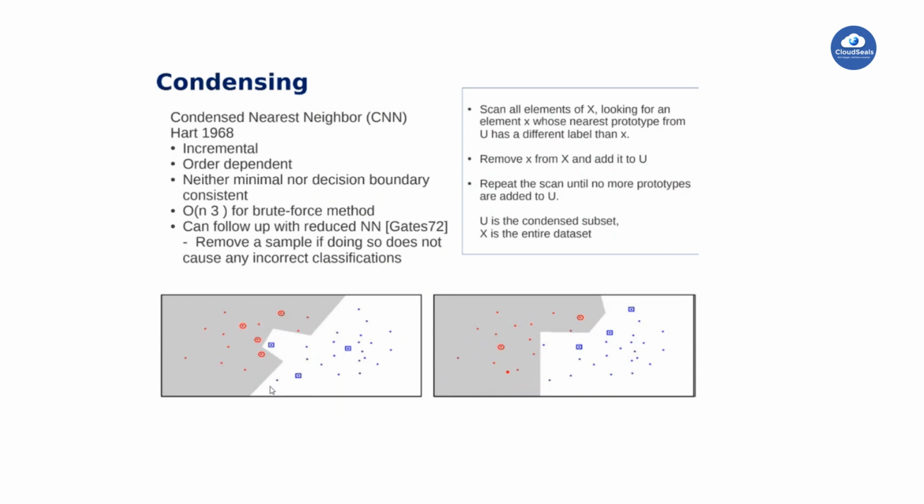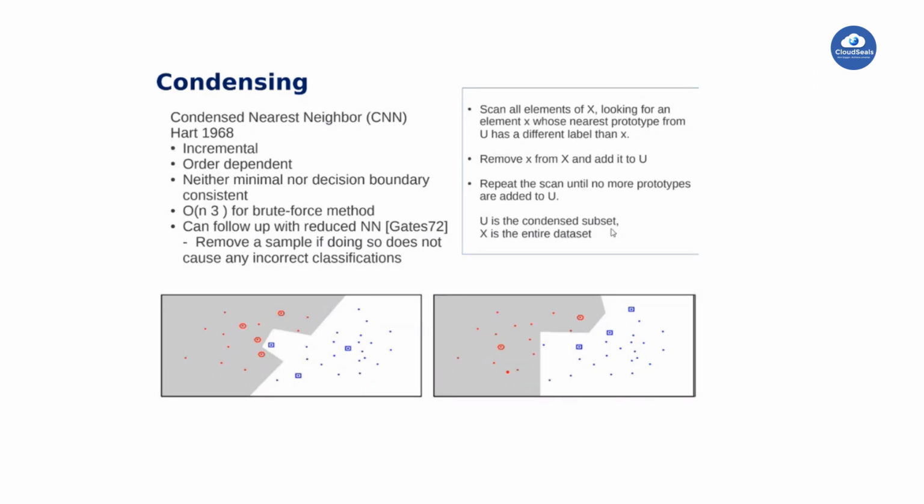But why does it work? Because it says repeat the scan until no more prototypes are added to U. That means here you added this blue point. Here, this red one is very near to blue but has the other label, so you can assign this point to the condensed data set with its label.